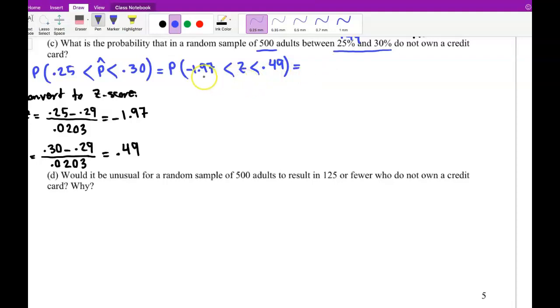Z is equal to negative 1.97, and also when Z is equal to 0.49. So for when Z is 0.49, I have 0.6879, then minus the probability for this part. So when Z is negative 1.97, it is equal to 0.0244. Okay, subtracting, the answer is 0.6635.